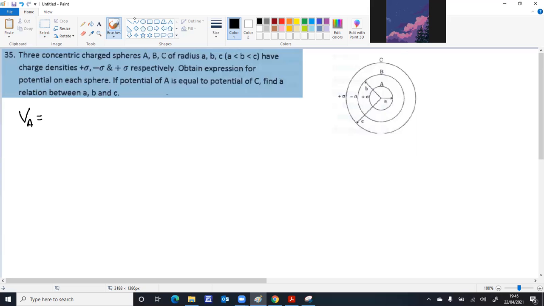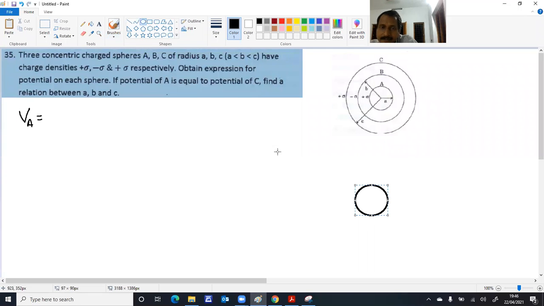Three: one due to sphere A itself, one due to B and one due to C. So if I draw a small sphere, only A here, it's only A.